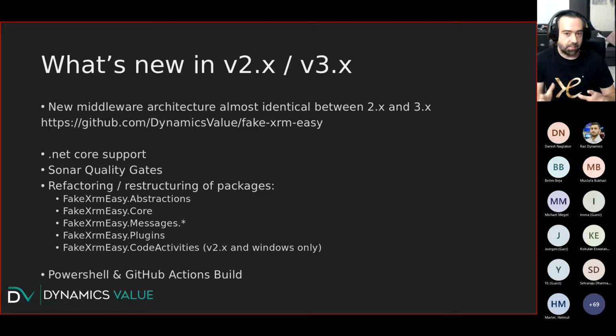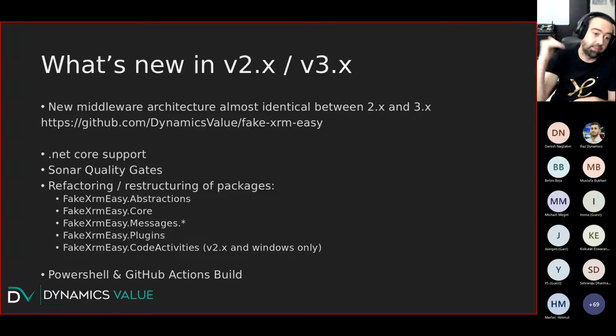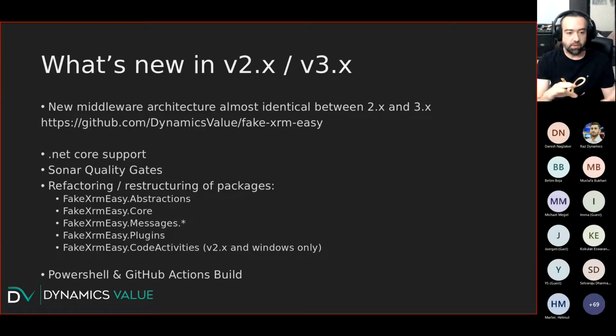Actually, the architecture is almost identical. It just changes that in version 3 we're introducing the latest functionality from the database client. But from an architecture point of view, it is almost the same. Now we are bringing .NET Core support. All the original repository has been broken down into several ones, as you can see: abstractions, core, messages, plugins, and code activities.